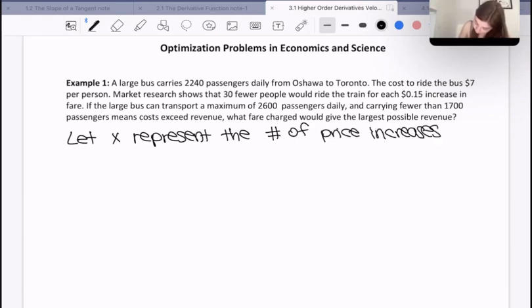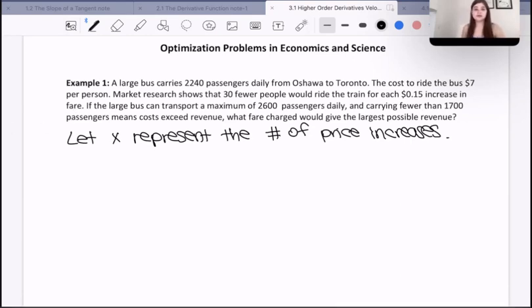If x is positive, that's how many increases there were. If x is negative, like if x is -3, that is the opposite. That means there were 3 price decreases. So x can be negative because we can technically have negative price increases, to the point where we're taking that original $7 cost and decreasing the price.